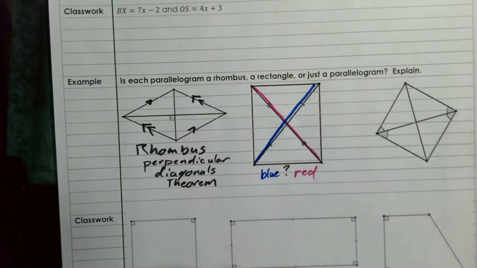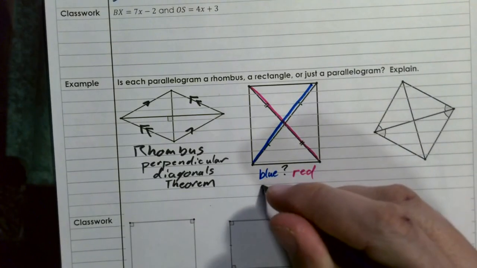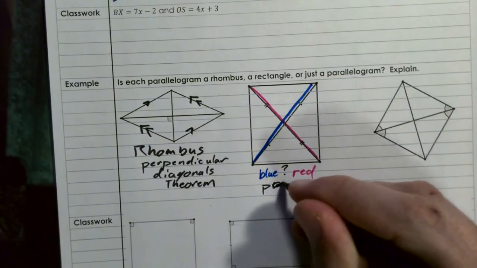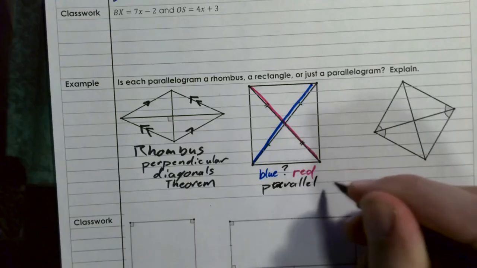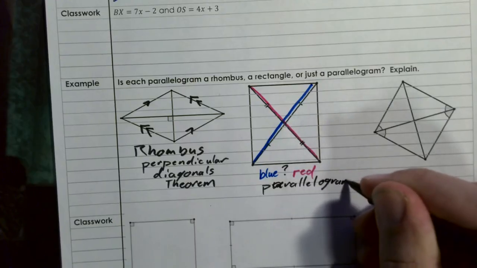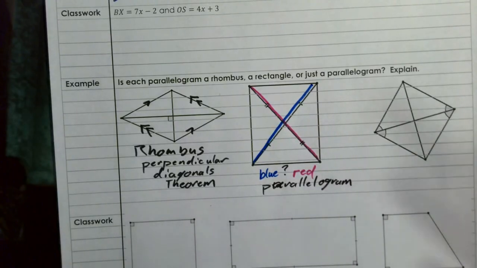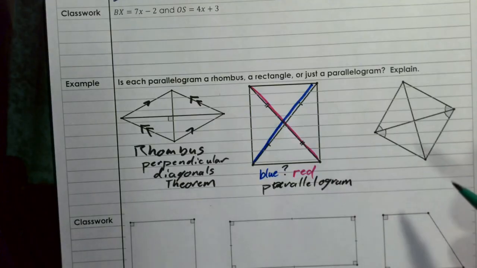They could be, but I don't know. This is just a parallelogram. The fact that the diagonals are being bisected is just true about every parallelogram. It's not something special that makes it a rectangle. The rectangle needs those two to be congruent.